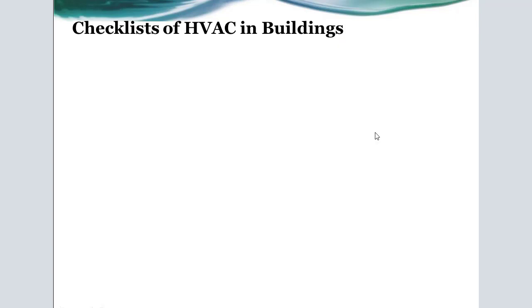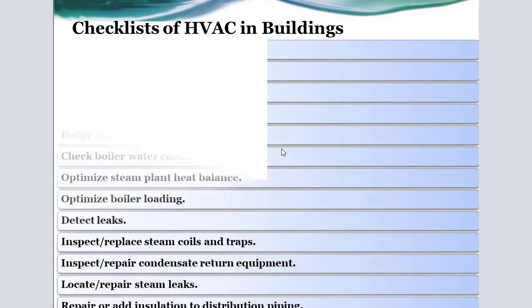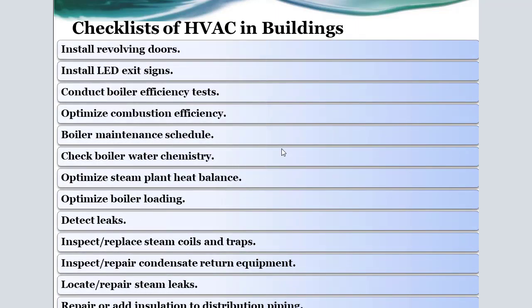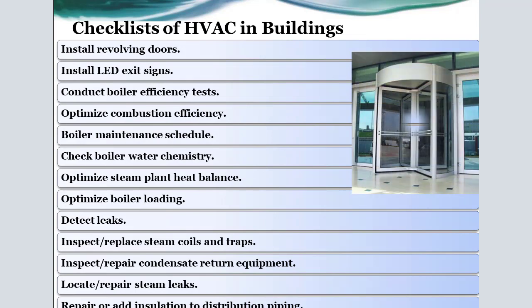Also, the checklist involves installation of revolving doors and installation of LED exit signs. As we see, these are revolving doors in order to reduce heat loss from inside to outside or from outside to inside the building.